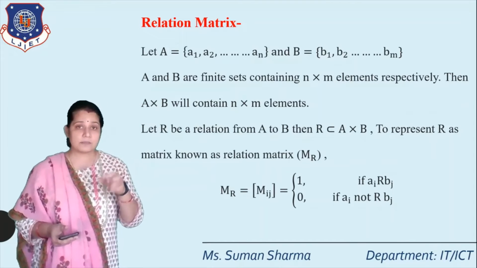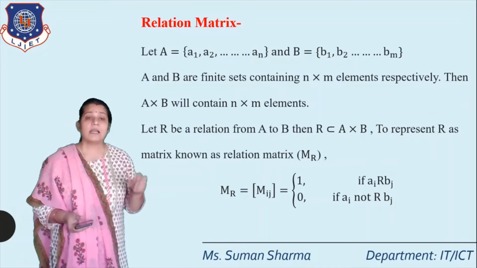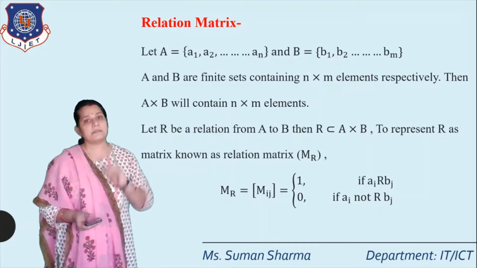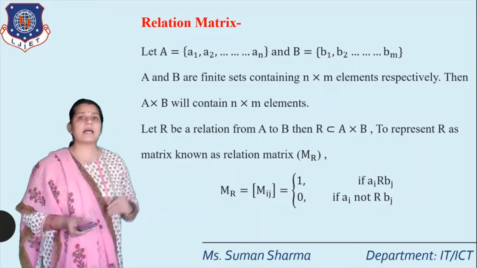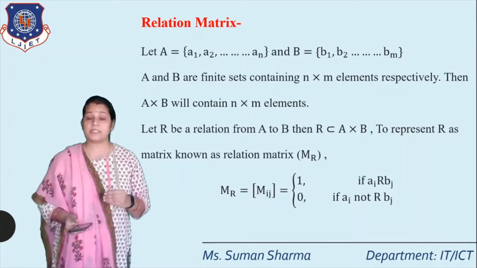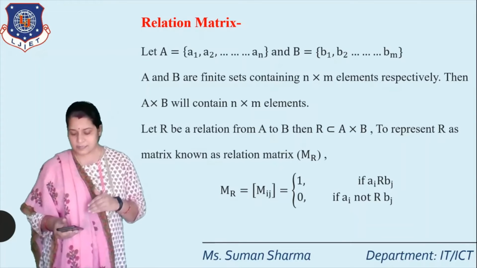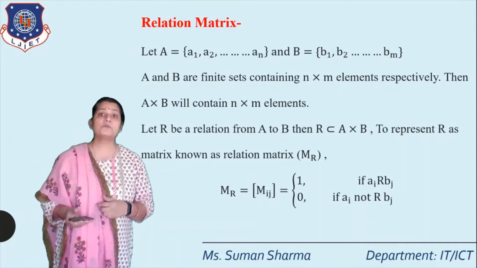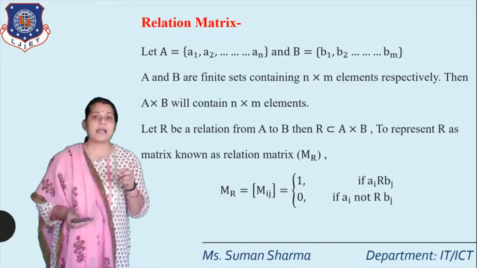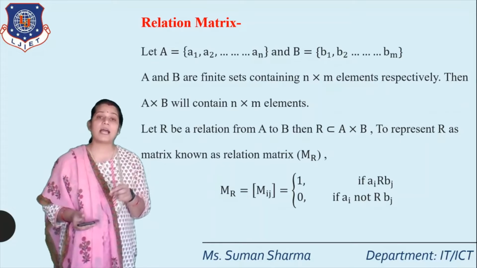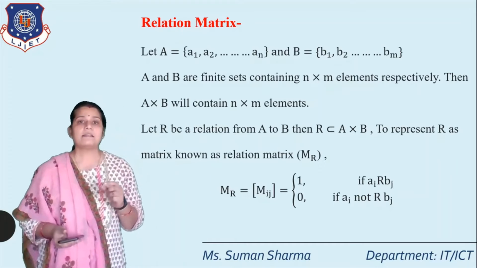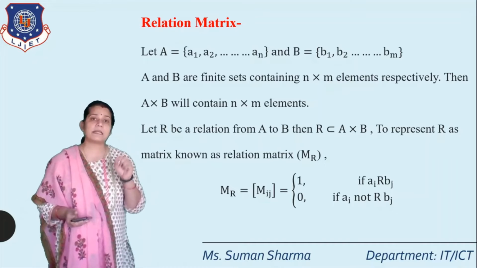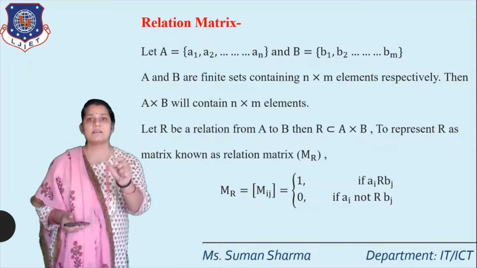Then A cross B will contain n times m elements. So here let R be a relation from A to B, then R is a subset of A cross B. To represent R as a matrix, known as relation matrix, denoted by capital M suffix R.